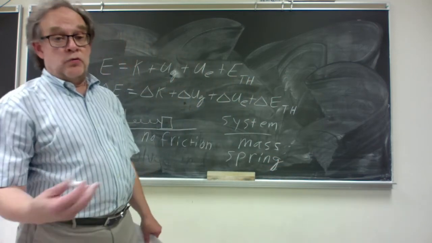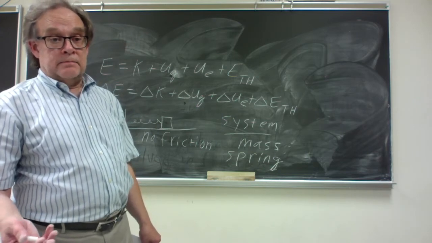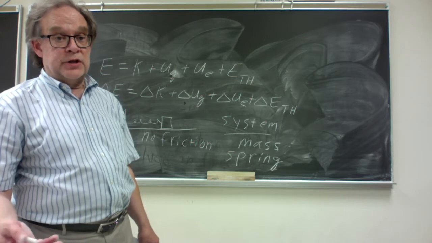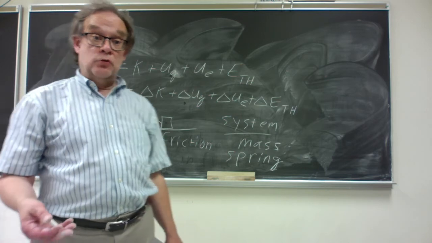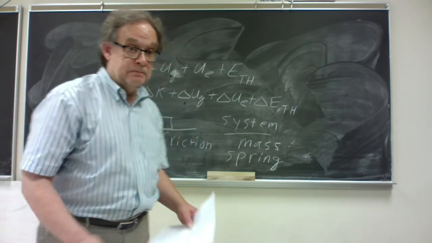And there's no friction, so we don't have to include the tabletop. If there were friction, then of course the tabletop would be a source of a frictional force, and in that case we would need to include it.